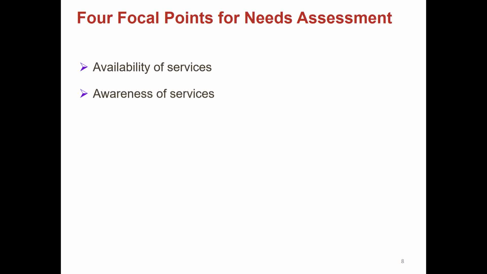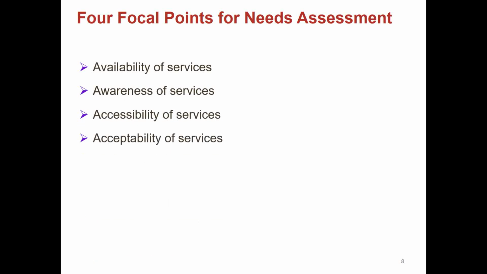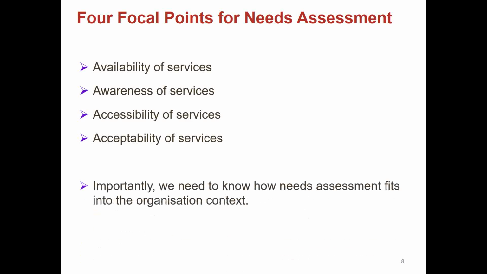So the issue is not that no services are available, but that the services are available but not being accessed. Accessibility of services and acceptability of services. So these are the 4 focal points for needs assessment. We need to understand all these factors before proposing whether new services are required, or whether we need to develop some clear pathway, referral pathway, or promotional strategies instead.